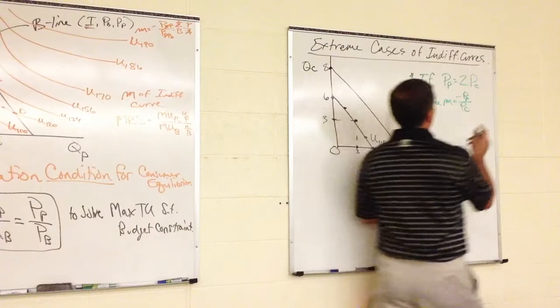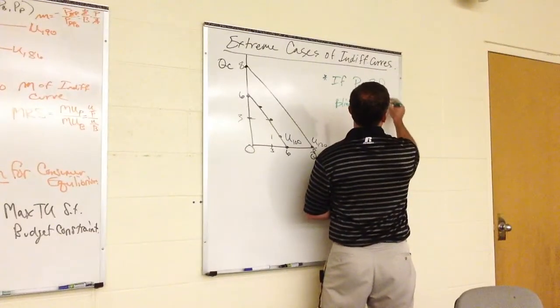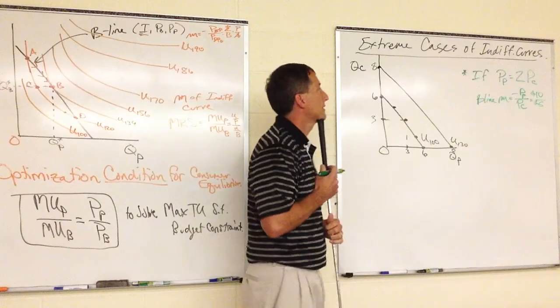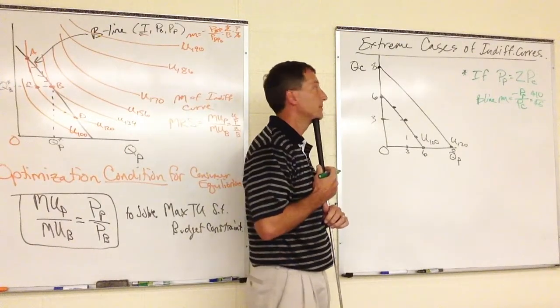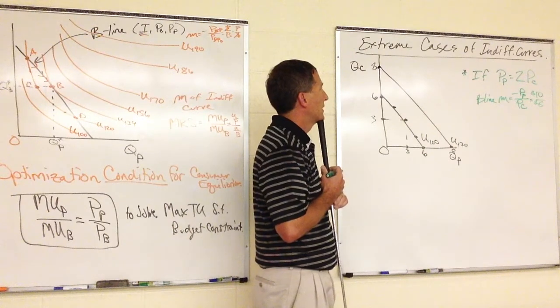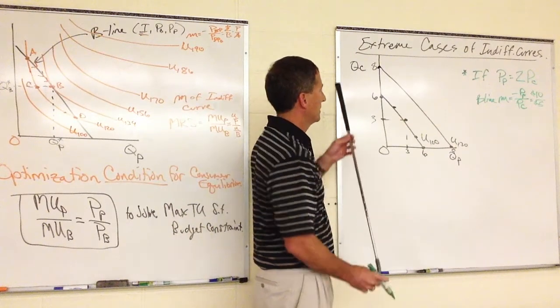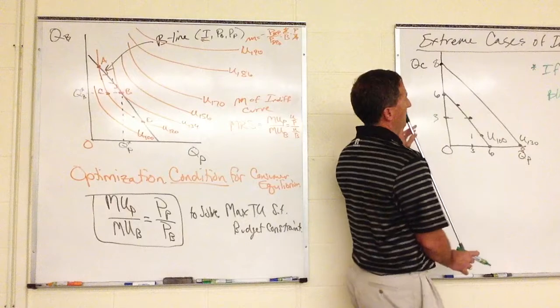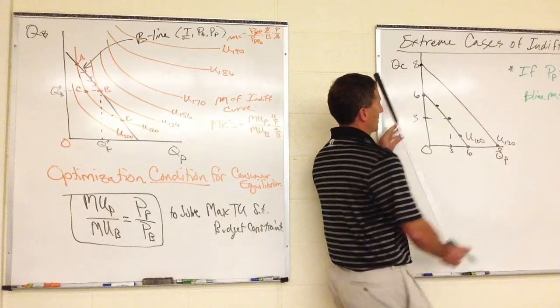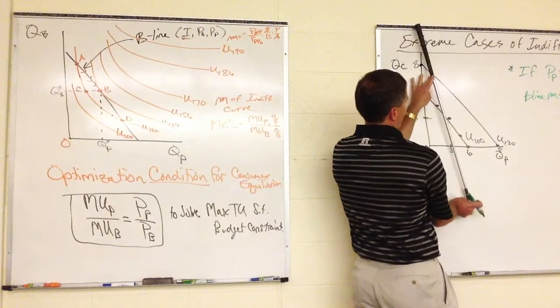So 10 and 5. Slope is 2. So Pepsi being more expensive gives us a slope of 2. This is a slope of 1.